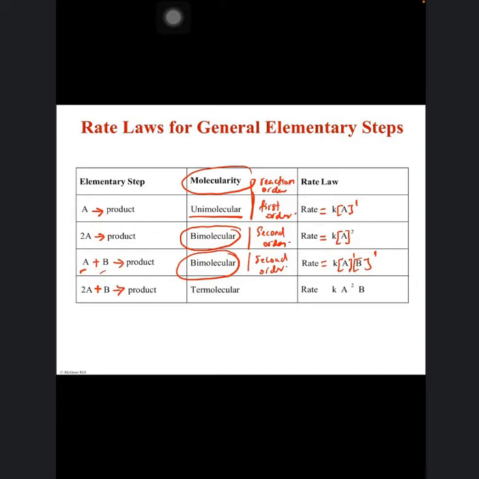So bila 3, molecularity dia kita panggil termolecular. Termolecular, maknanya kat sini dia adalah third order. So when you write the rate law, dia akan jadi rate equals to k[A]^2[B]^1. Okay, is that clear untuk part ni?